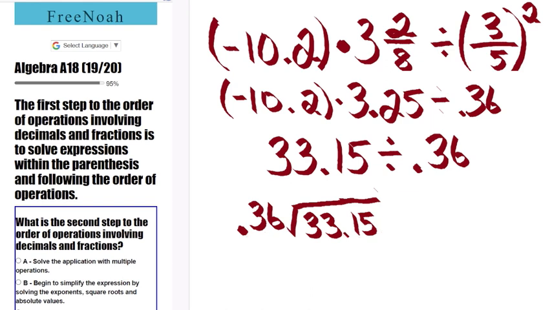So now we have 36 wholes. Next, our dividend will be 3,015, and our decimal point right over here on the quotient side.